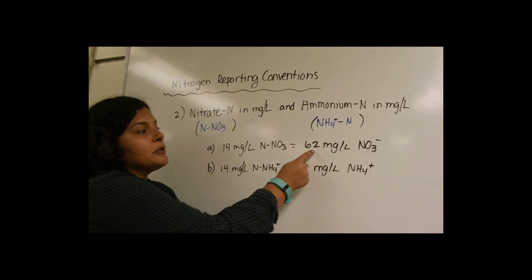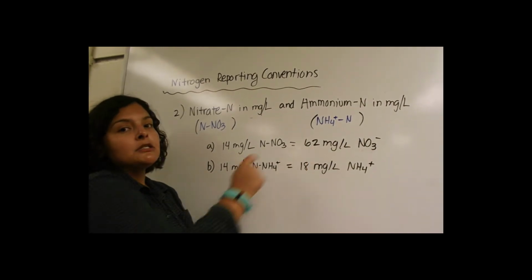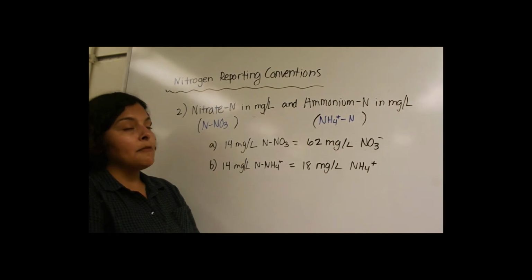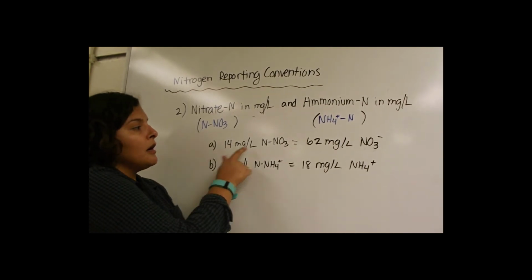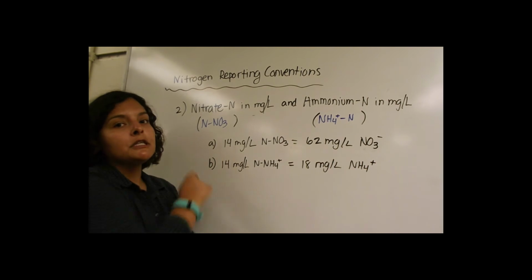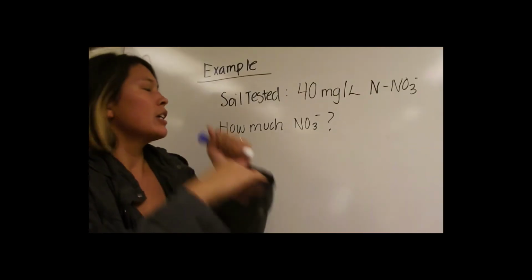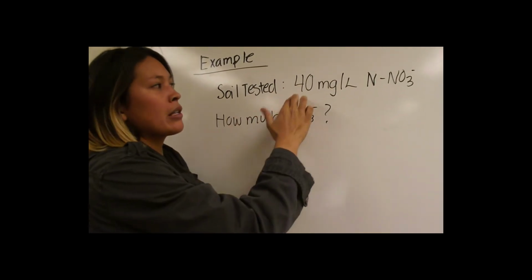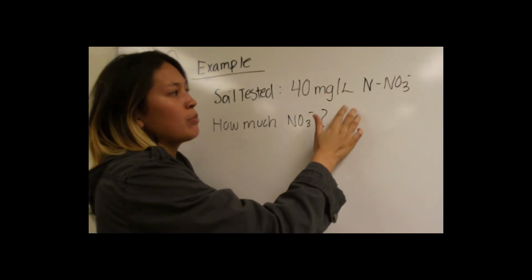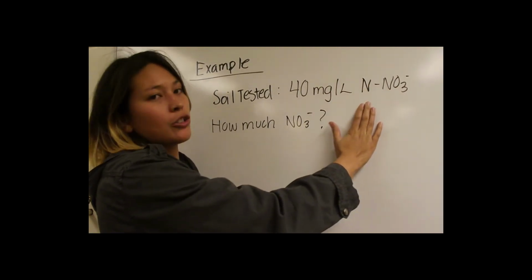And how we get these numbers is nitrate is 62 milligrams per millimole of molar mass, and nitrogen alone is 14 milligrams per millimole.